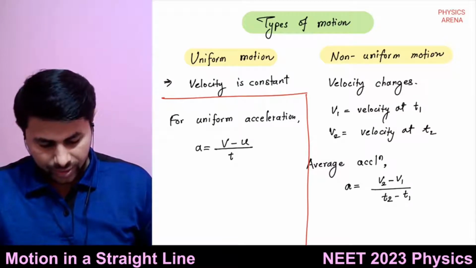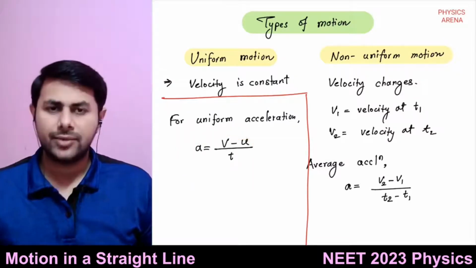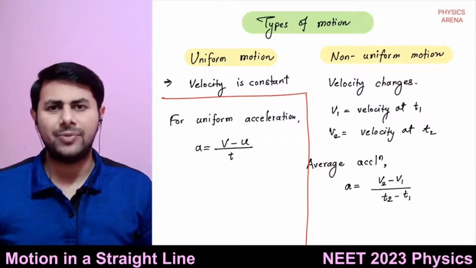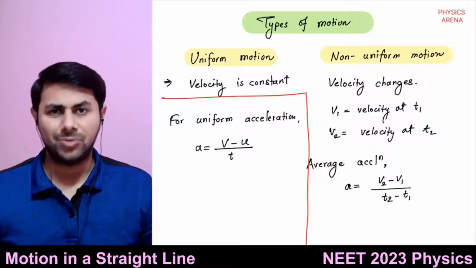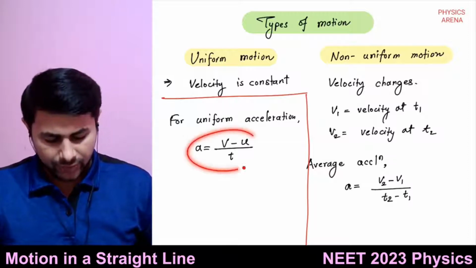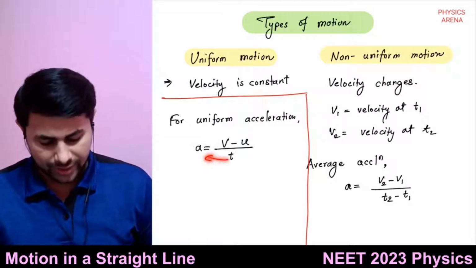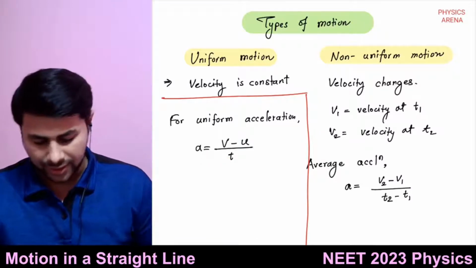So this one is the first kinematic equation of motion. The kinematic equations of motion are defined for uniformly accelerated motion. You can write it in this form, or you can take t on the other side and u on the other side.